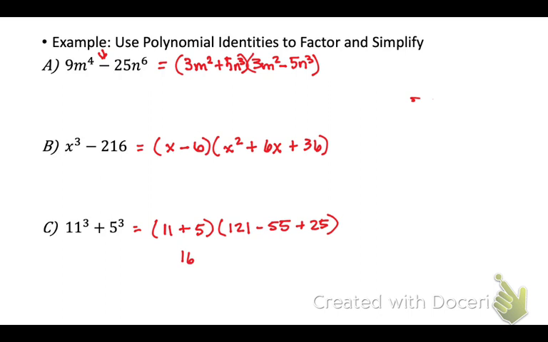I get 151. Because negative 55 plus 25 would be negative 30, so I'd subtract. So that would be 91 then, wouldn't it?